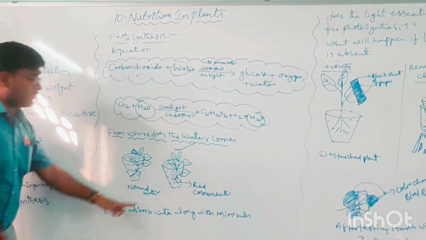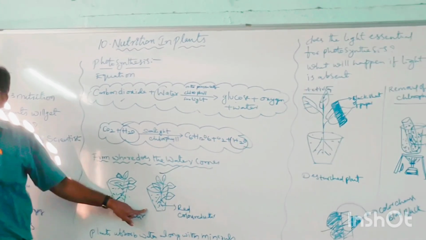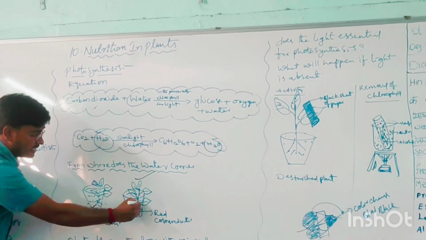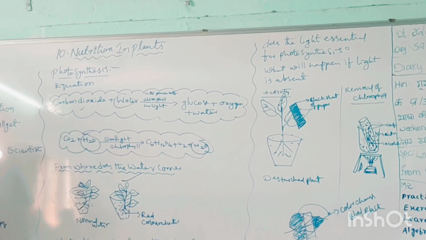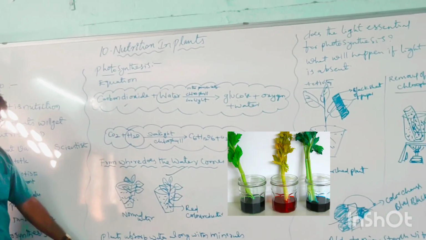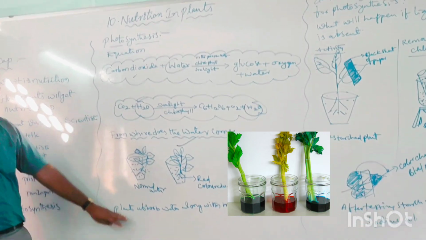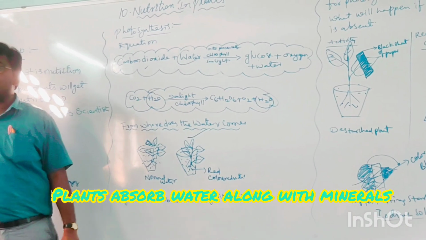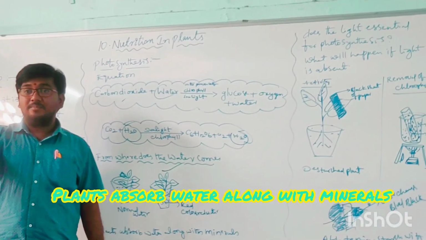Here we have added it to this plant. After one or two hours, you observe a red color mark at the center or middle of the stem. This is the conclusion: plants absorb water along with minerals.